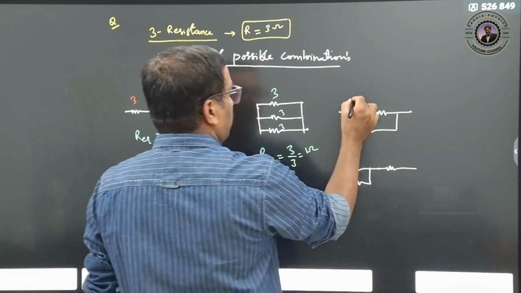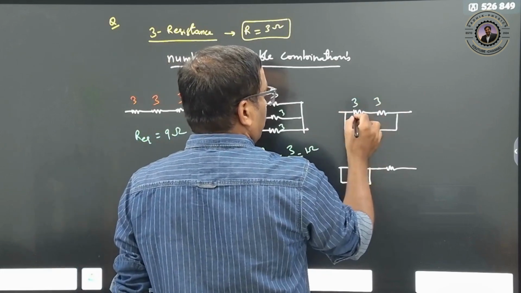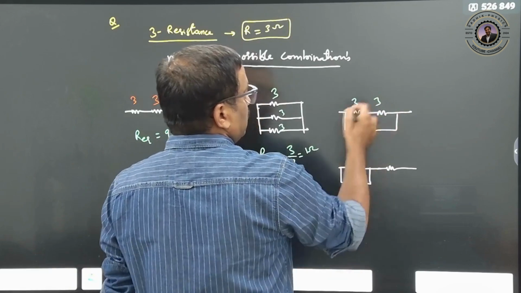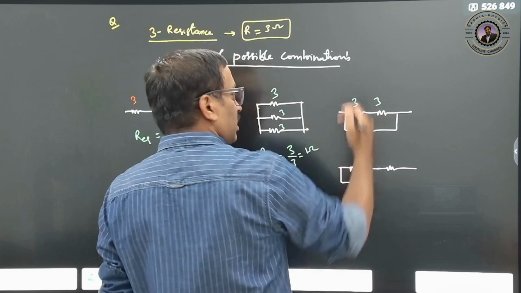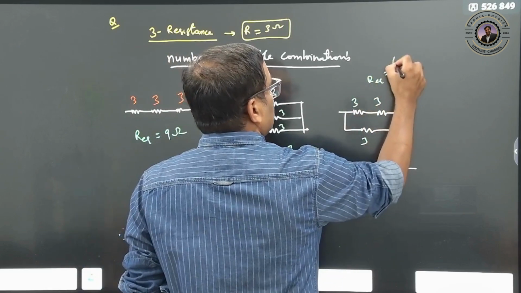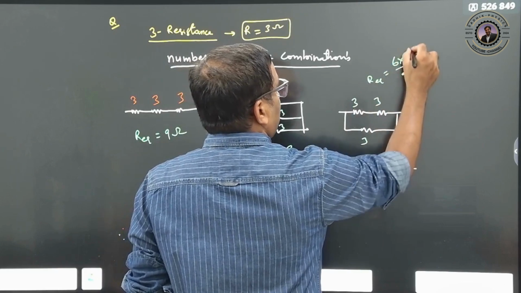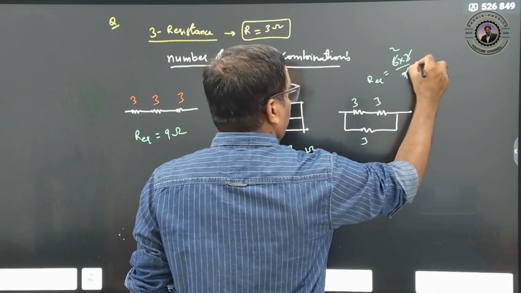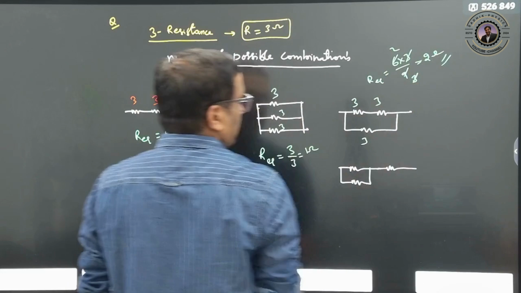Now with 3 ohm each, these two are in series, series means 6. Then this is in parallel with the third, so R equivalent is 6 into 3 by 9, that is 18 by 9, so 2 ohms will be your answer.